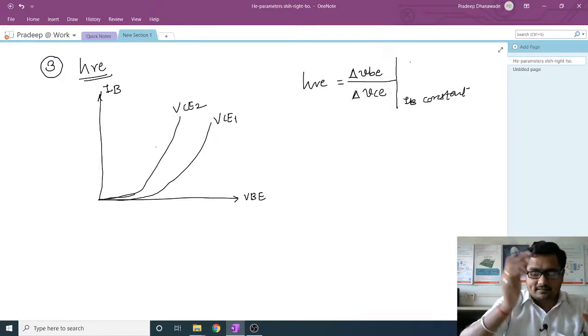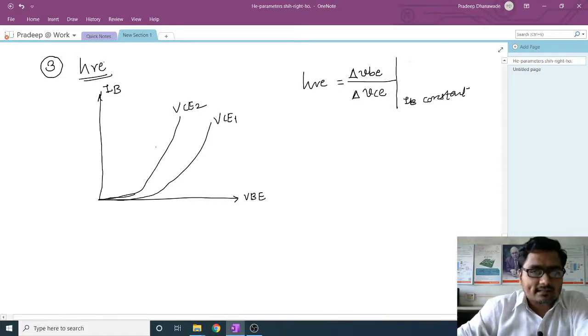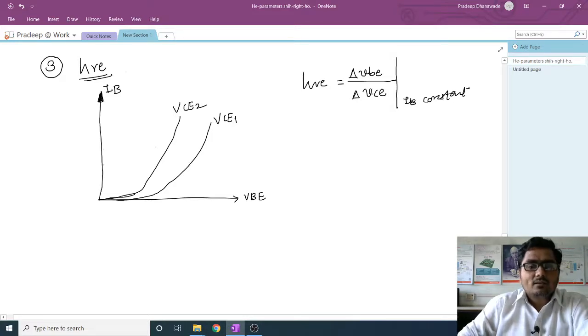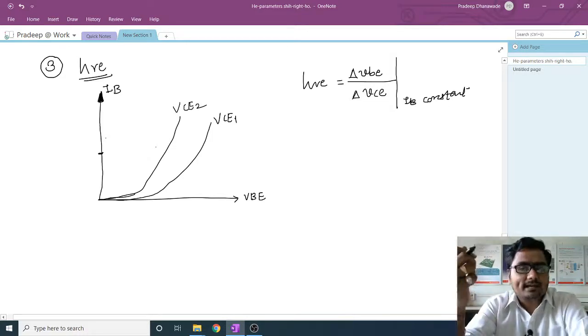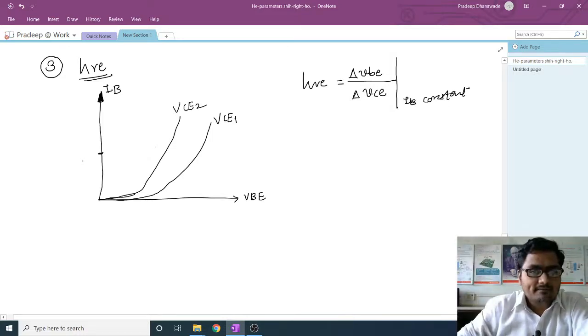Now come to the graph again. Now in the graph, where is IB? IB is on the y-axis. So as IB is on the y-axis, let me fix any point on the y-axis. Let me fix the point here. You can select any point from the y-axis because I need to keep IB constant. So when you fix this point, draw a straight line. Look at this.